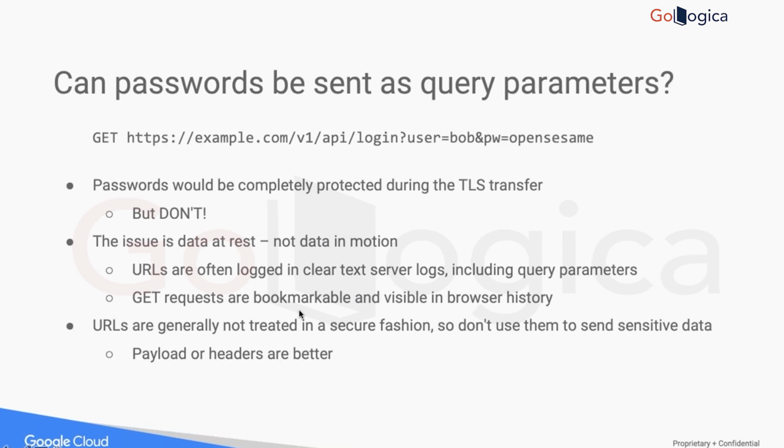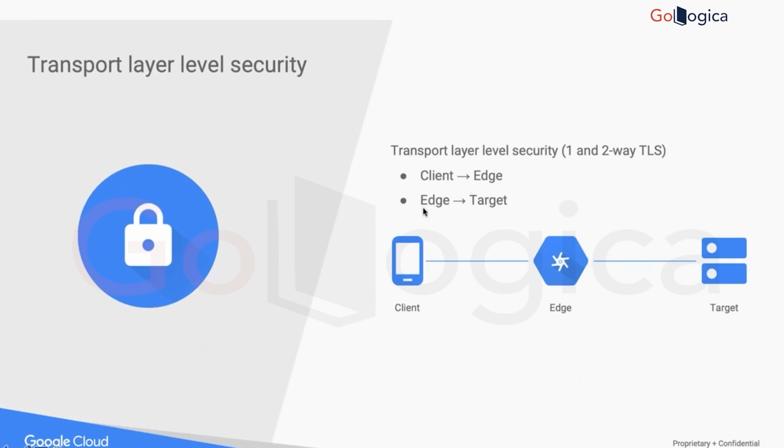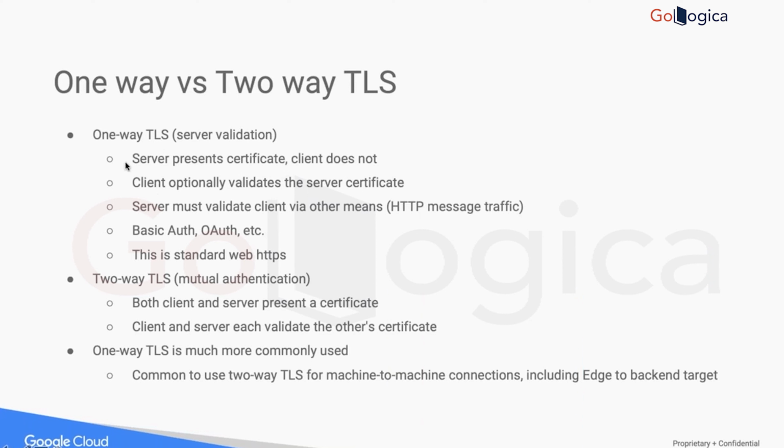In one-way authentication, the client will authenticate to Edge. The client doesn't know what the target is, and it doesn't need to worry about that. In Apigee, Edge will deal with the target, the same thing we discussed just now. In one-way TLS, it is obviously server validation.